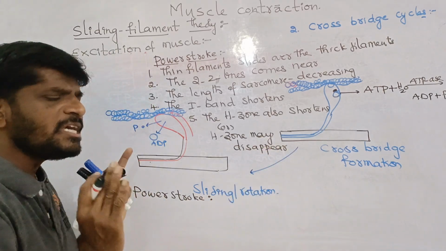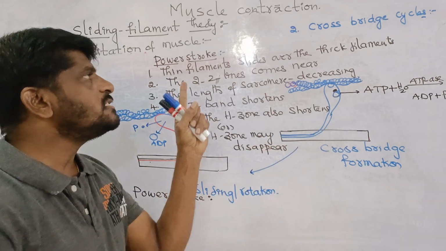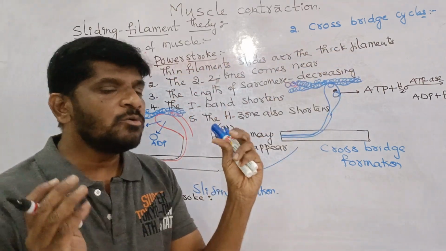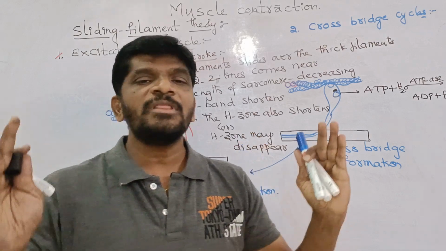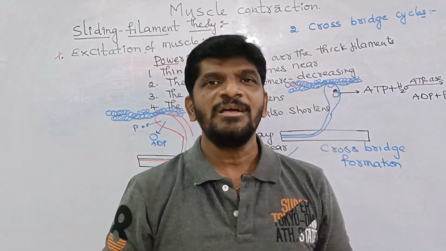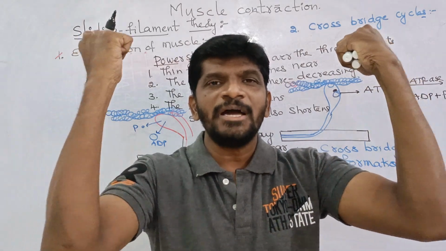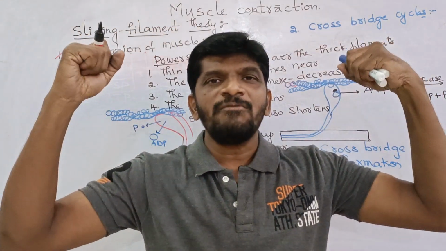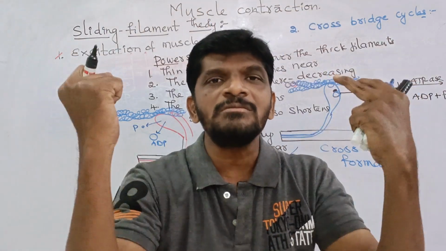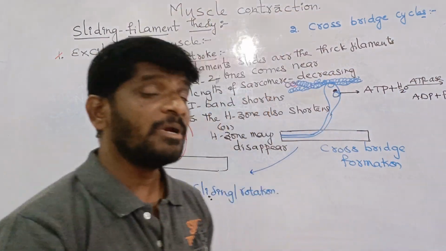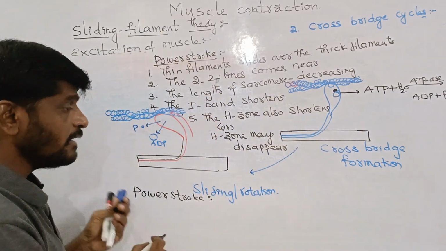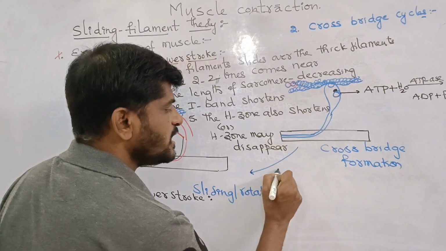These are the changes. What are changing? The thin filament slides over the thick filament. The two Z lines come near. When the two Z lines are coming near, the length of the sarcomere is decreasing, and also the length of the I band is decreasing. In a powerful power stroke, the I band may disappear, and the H zone may also disappear. But what is retained without any change here?